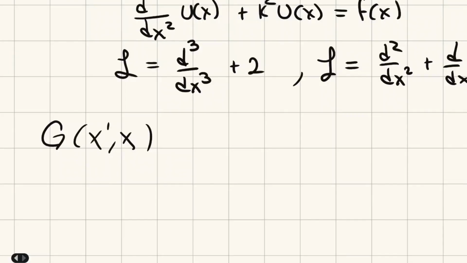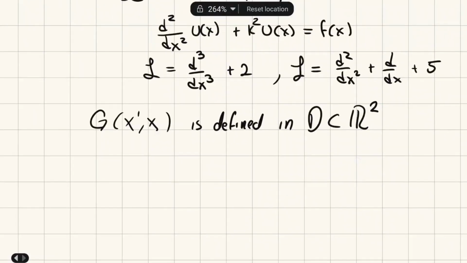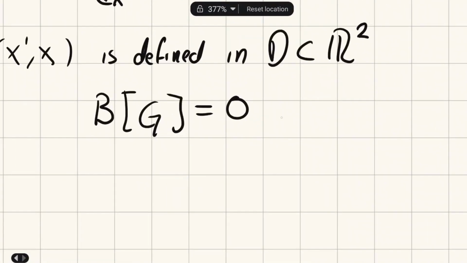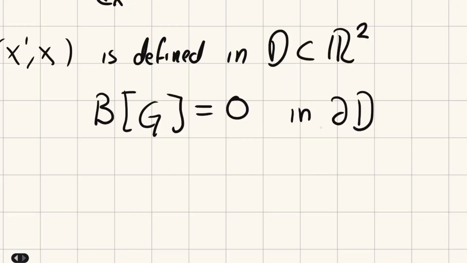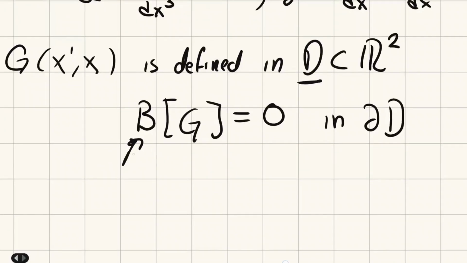We say that this function is defined in D, a subset of R2, and it must hold that another linear differential operator B applied to G is equal to 0, for the boundary conditions. This condition must hold on the frontier of the set D. Again, B is also a linear differential operator.